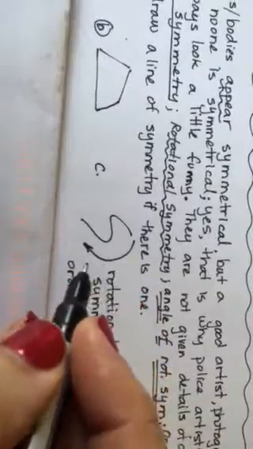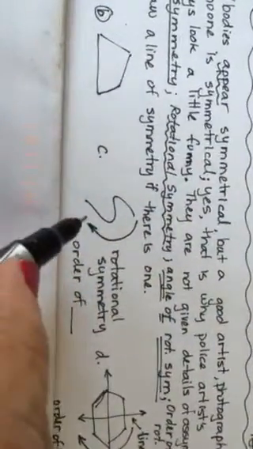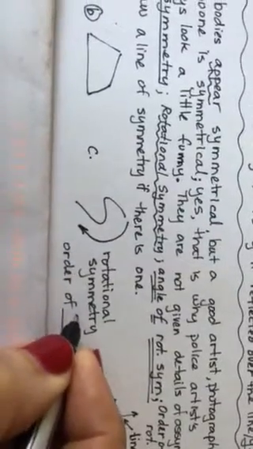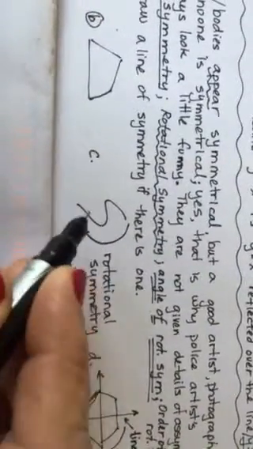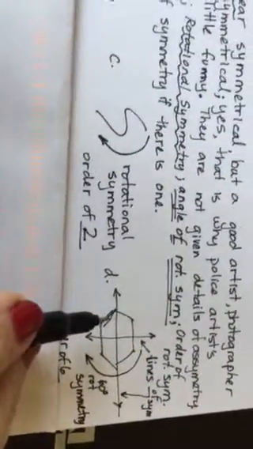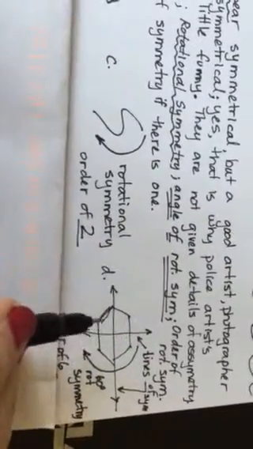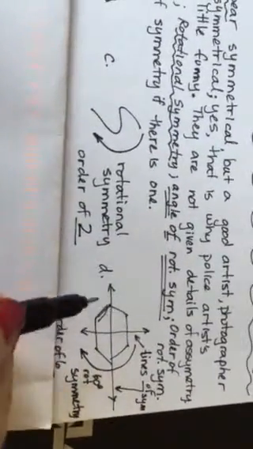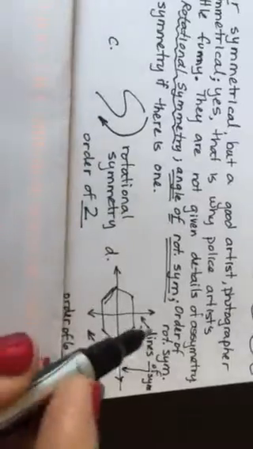If we rotate it a half turn, 180 degrees, it will have an order of 2 because it will have two positions that look like this.